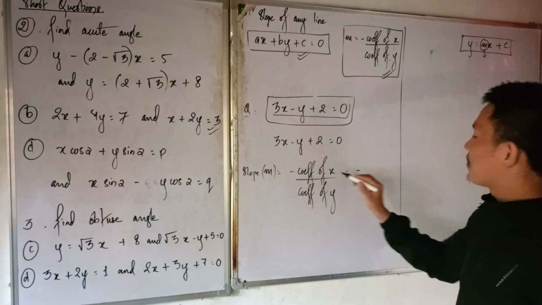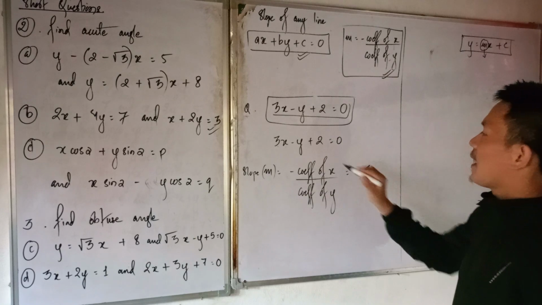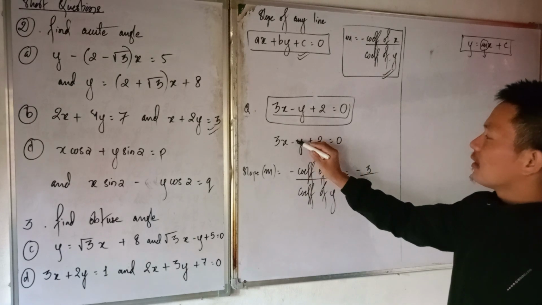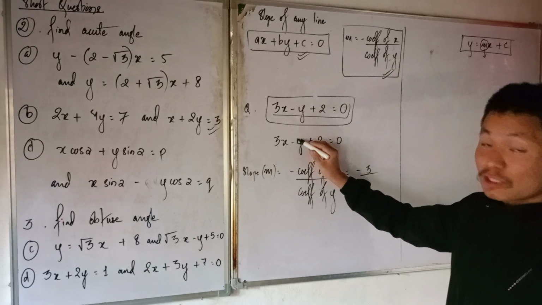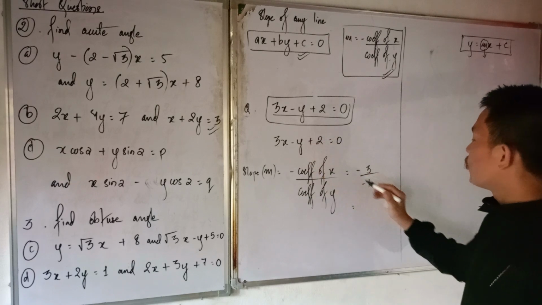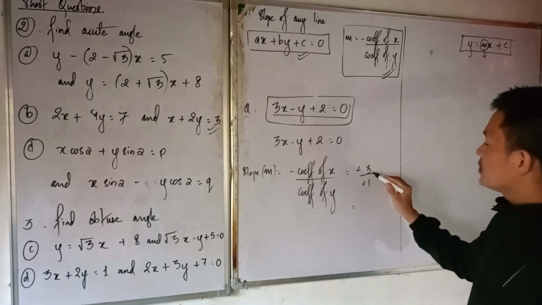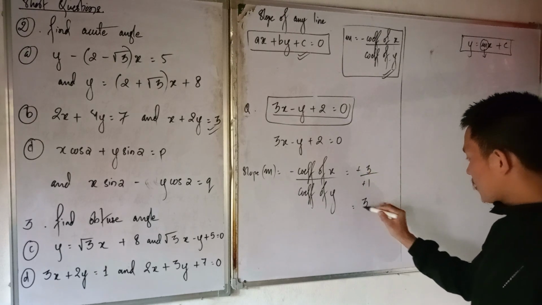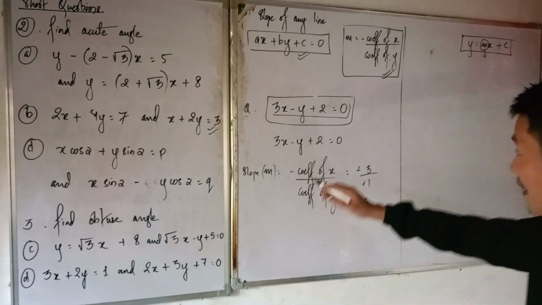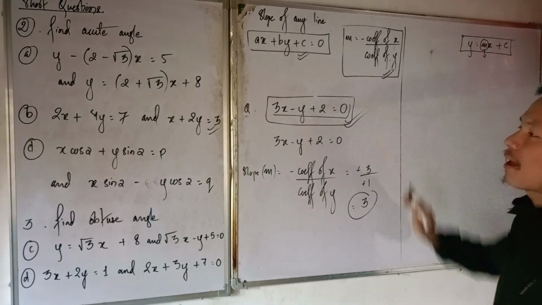We have coefficient of x as 3, and the coefficient of y here is minus 1. Minus minus cancel, and the remaining is 3. So this 3 represents the slope of this line.